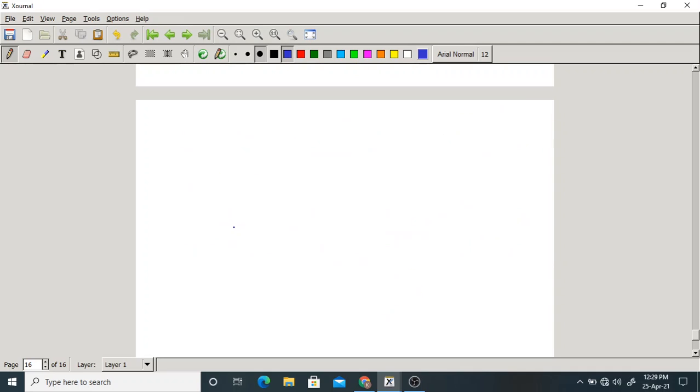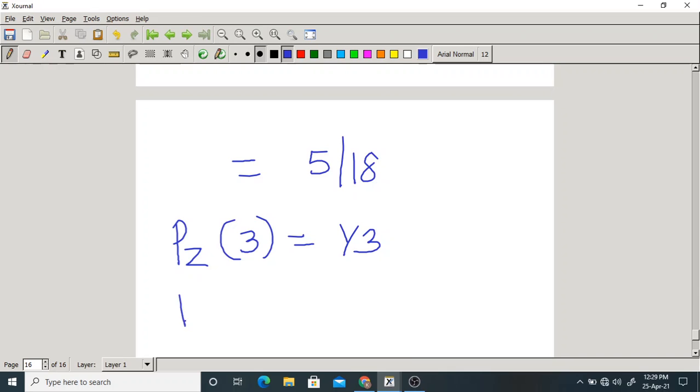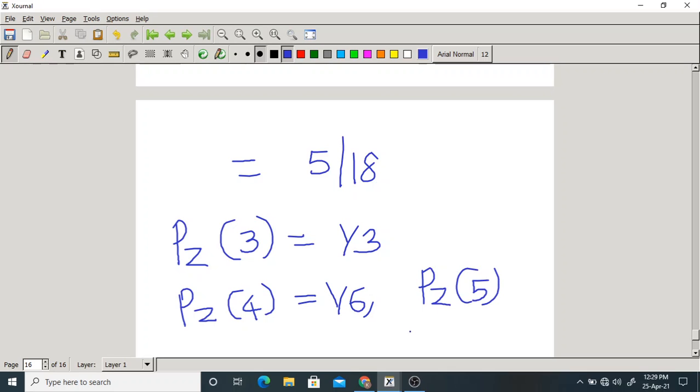You get around 5 by 18. In the same way, calculate all values. P_Z(3), you get 1 over 3. P_Z(4), you get 1 by 6. P_Z(5), you get 1 by 18. Like this.